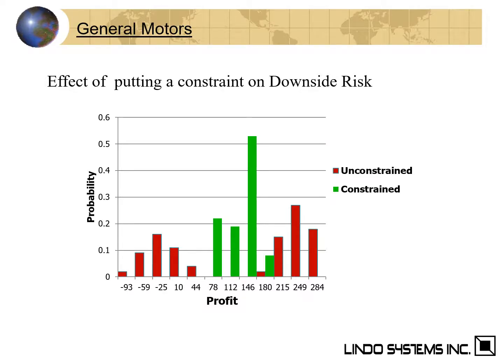And then we put in a constraint on downside risk. And it's effectively a knob, and you can crank up how tight you want that constraint. So we put a modest constraint on downside risk, saying we don't like situations where we lose a lot of money or don't make very much money. And so the histogram, when we did that, is the green one that we got there.